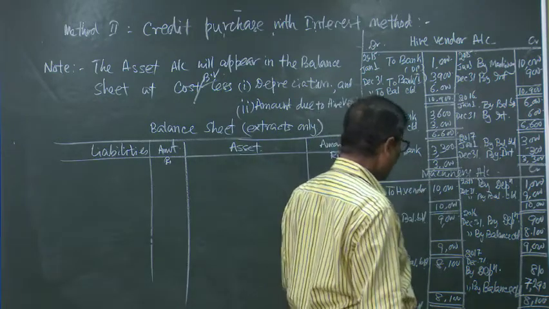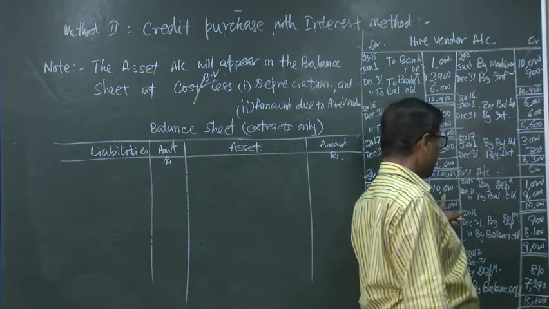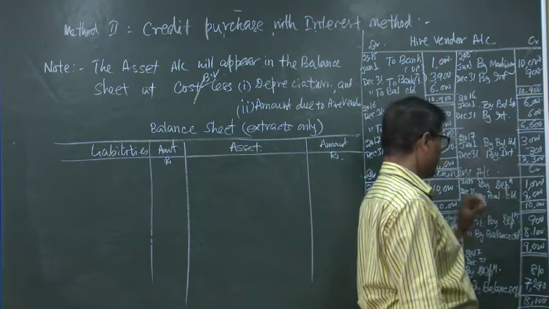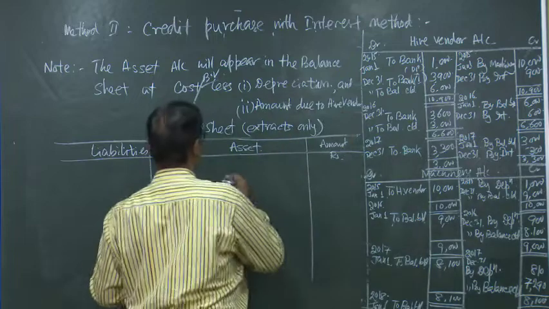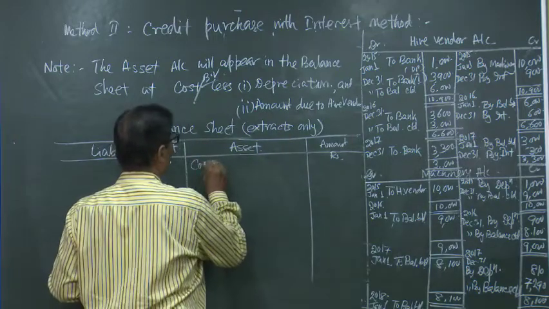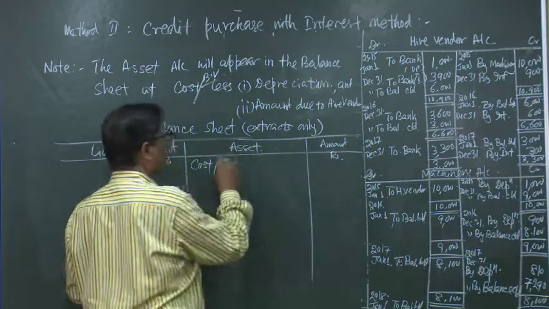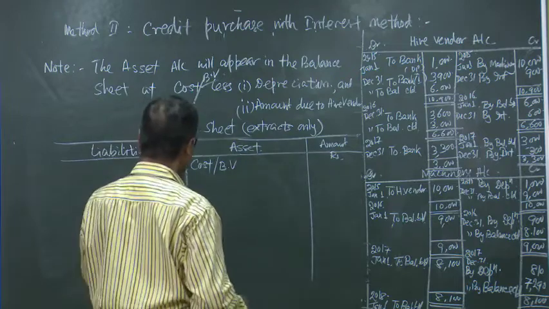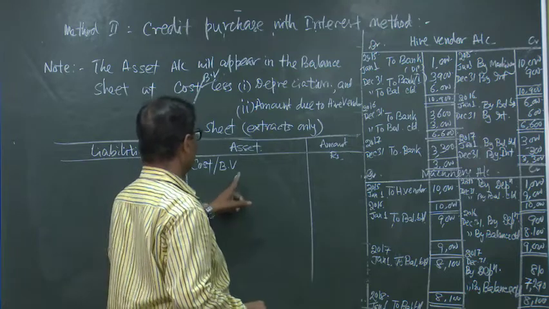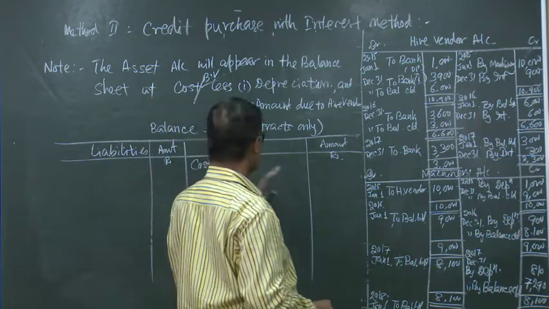It should be shown at 10,000 less depreciation 1,000. So, let us write cost. In the first year it is the cost or book value. In the second year it will be book value. So, in the first year it will be cost, and in the second year, third year, etc., it will be book value.